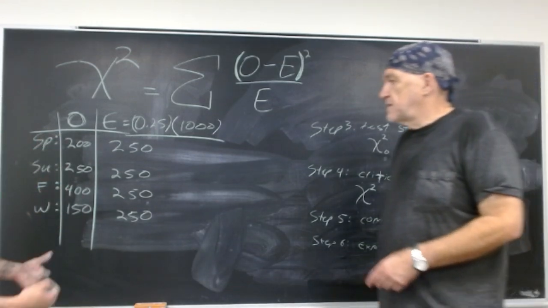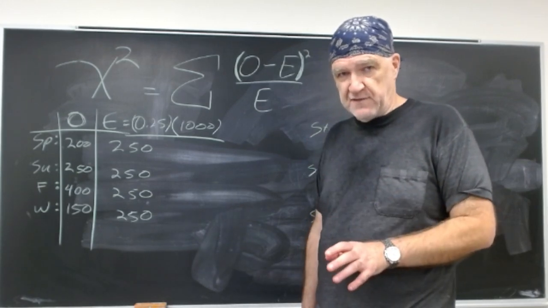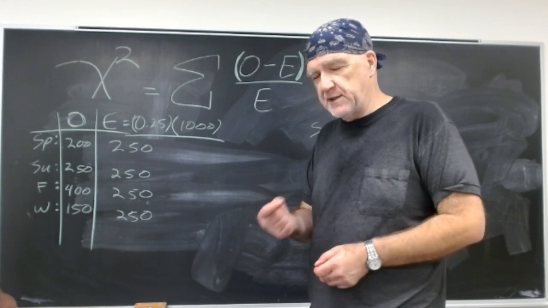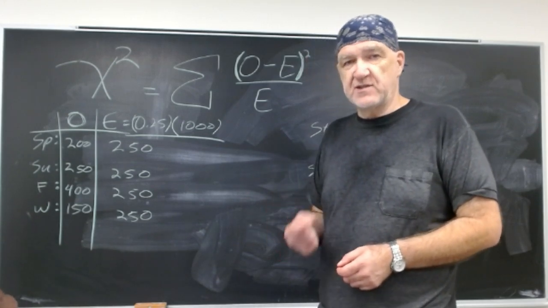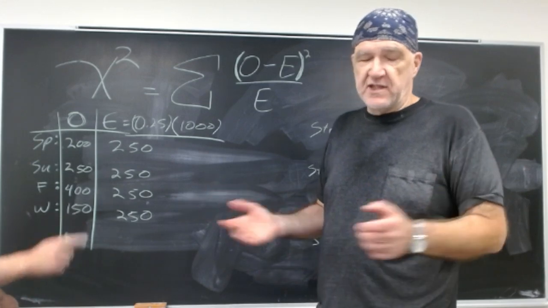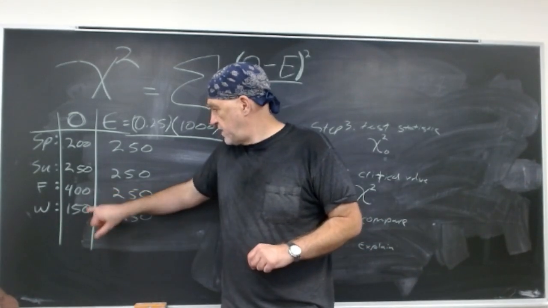So let's see. The thing to keep in mind, to have a statistically significant result, in other words, we end up rejecting the null hypothesis, only one category needs to be significantly different from all the others. That's all it takes. So we should be very suspicious of either this one or this one.